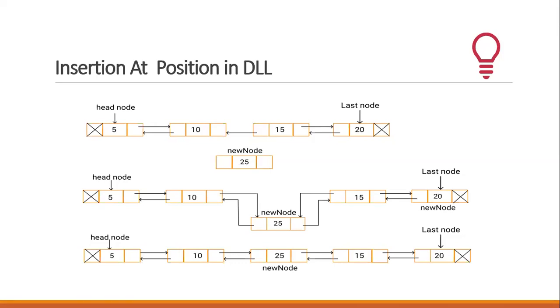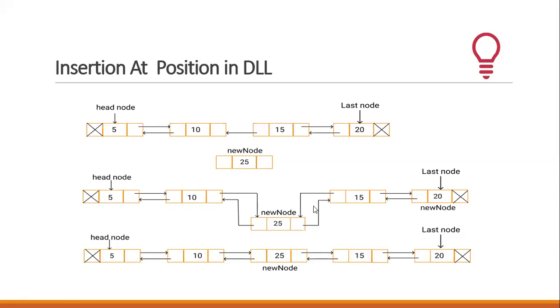But now there are three nodes in the picture: the new node, the node after which it gets inserted, and the node before which it gets inserted. So node 10 is getting changed, the new node is getting changed, and the next node is also getting changed, and we have established some connections.